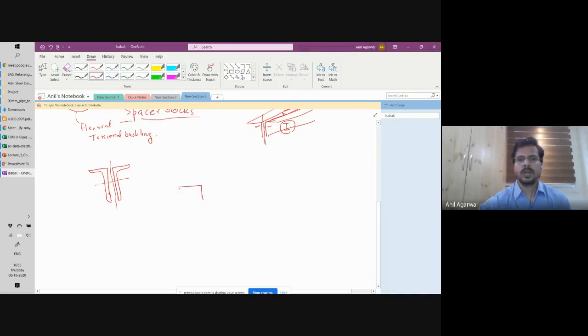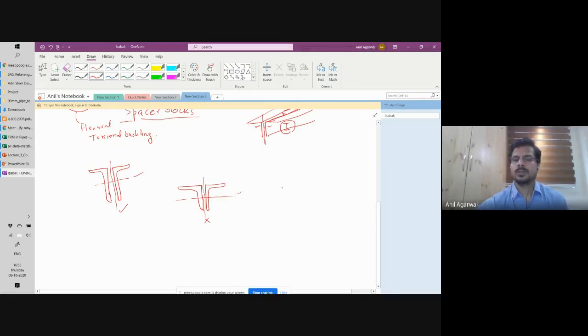I understand if you had an equal legged angle, then obviously these members are going to buckle about this axis, and this one will have much higher strength. So this is not very likely, but in this kind of situation, even this is quite likely. Okay, that is one possibility.